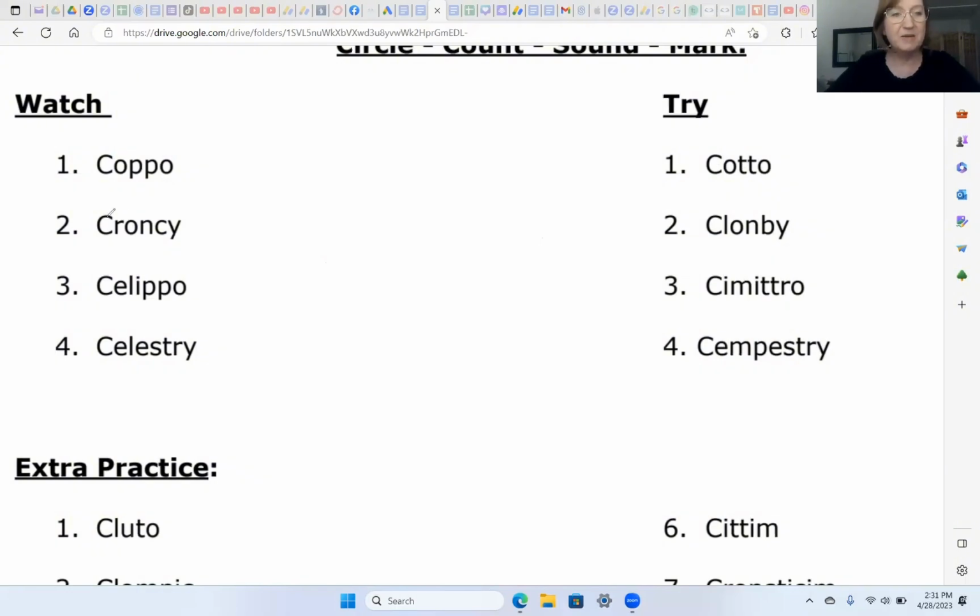This C is also going to make its hard sound down here on number 2. The O is going to make its short sound because the next two letters are consonants. Now look at this C. This one has the Y after it. So this C is going to sound like an S. And Y's at the end of a multisyllable word usually sound like a long E, like happy, candy, taffy.